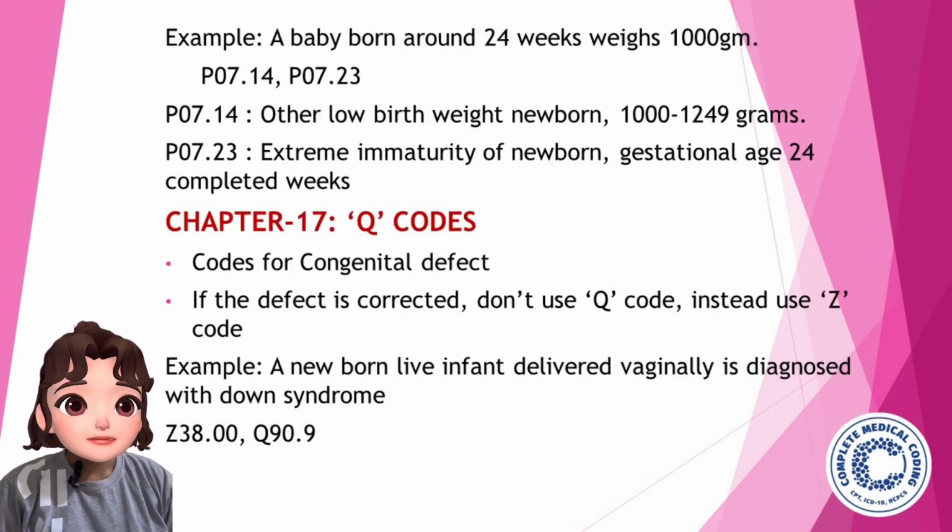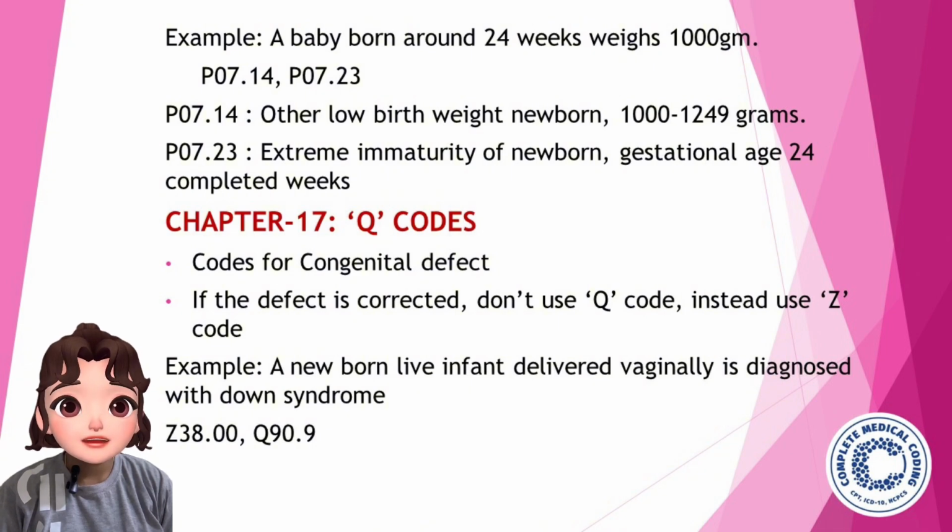Now, an example: a baby is born around 24 weeks, weighs 1000 gram. 1000 gram means only 1 kilogram. Sometimes they will mention the weight in lbs also. So how will you code? A baby born around 24 weeks, weighs 1000 gram. We have to code the birth weight first.